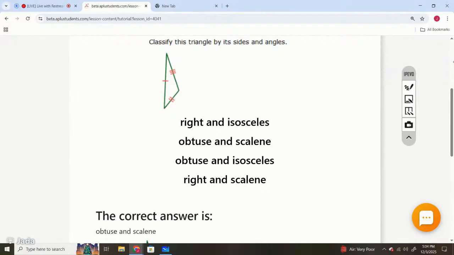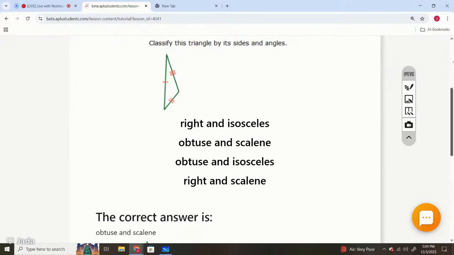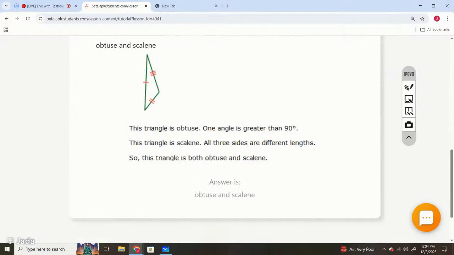Classify this triangle by sides and angles. That is the obtuse and scalene triangle.